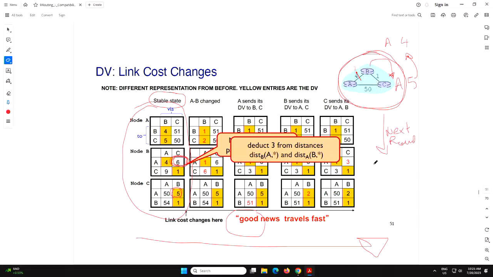Now we are going to look at B. Let's say that C is now advertising its routing table to B, right?